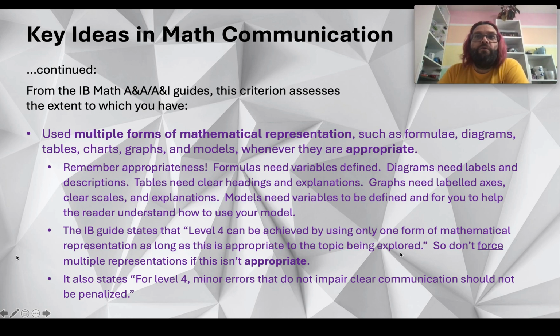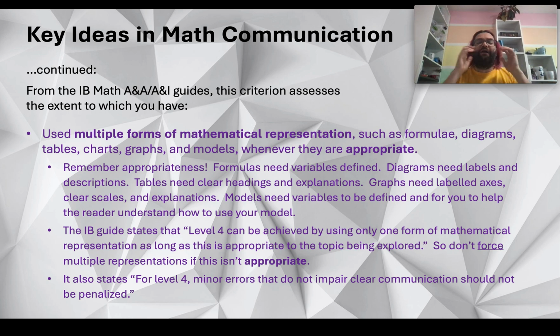So if you are trying to prove some mathematical relationship, and all you really need to use is a ton of formulas and equations, and it doesn't make sense to use diagrams, tables, charts, graphs, models, if it makes sense to only use one, that's okay. Please don't force multiple representations if it isn't appropriate.